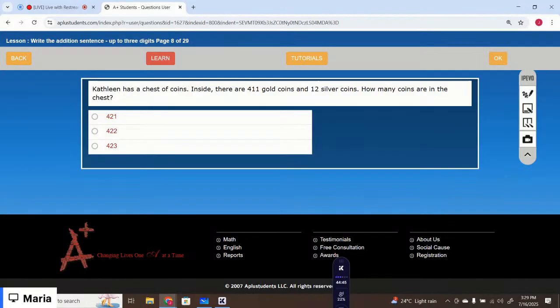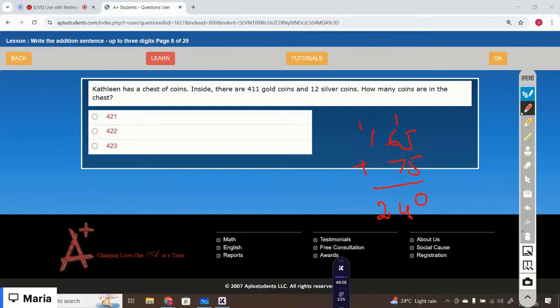Yes, we have a chest of coins. Inside there are 411 gold coins and 12 silver coins. How many coins are in the chest? So which is the correct option? 411 plus 12.